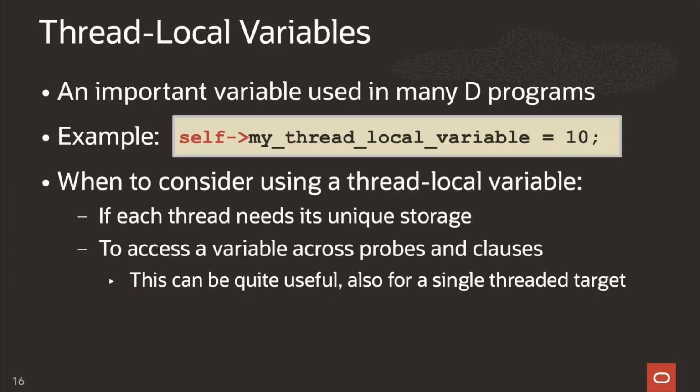You can also use a thread local variable to access the variable across probes and clauses. It's almost like a global variable, but again confined within that thread context, and it can be really useful. And even if you don't have a multi-threaded target, a single-threaded target, the concept of a thread local variable can be very useful. And I will show you examples of that.